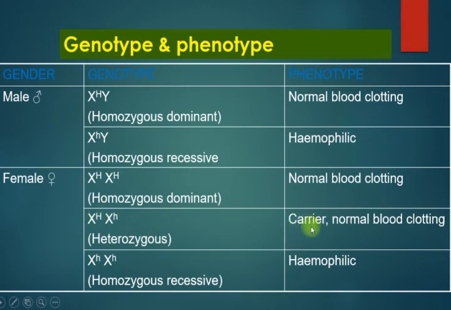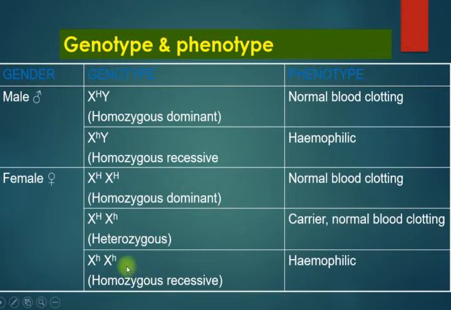She has normal blood clotting, but she is a carrier. If the genotype is X small h X small h, which is homozygous recessive, the female is hemophilic. Hemophilic means she has hemophilia and the blood cannot clot.